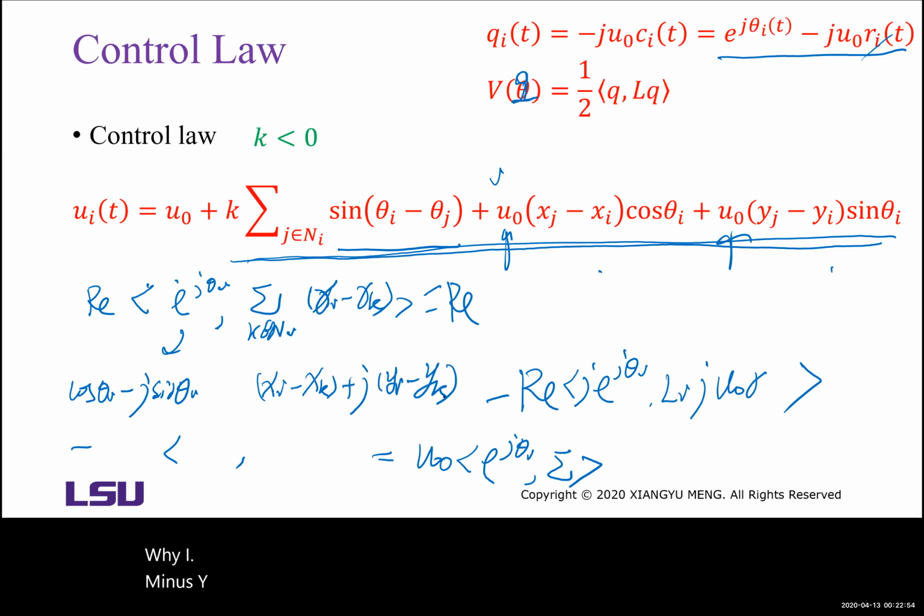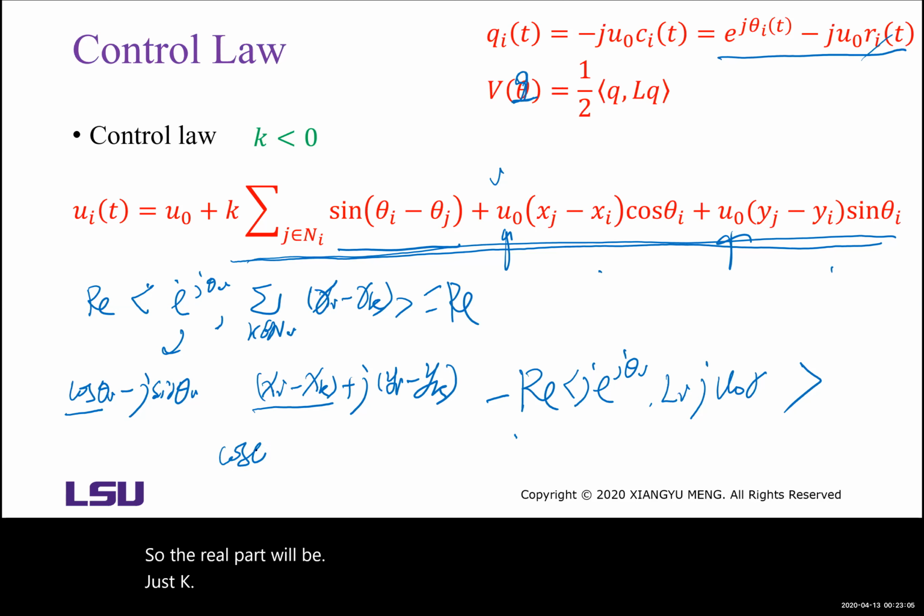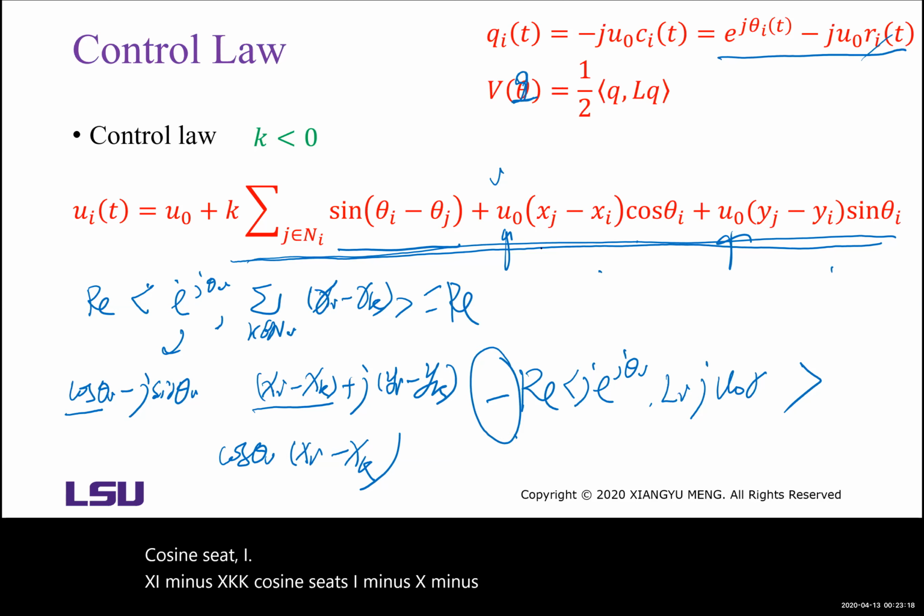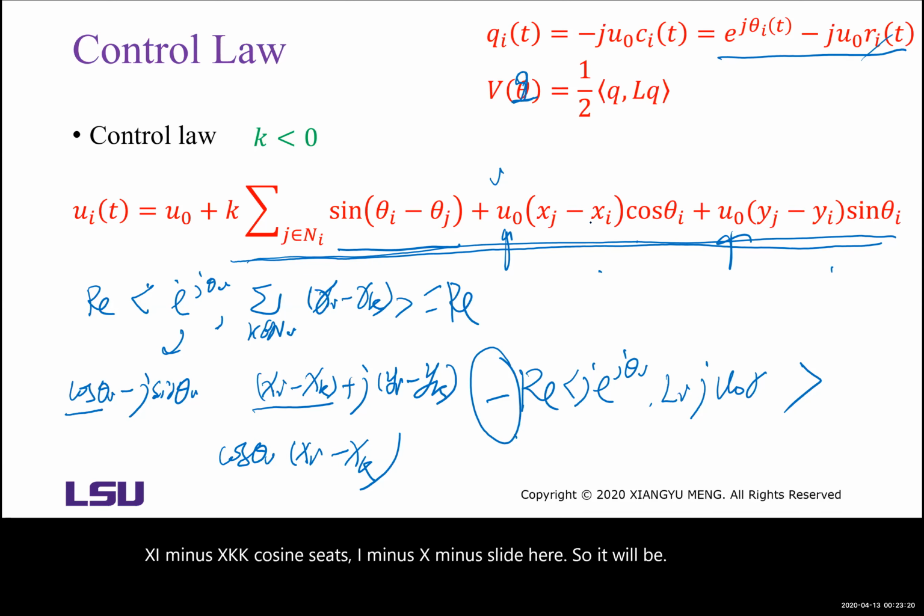The real part will be cosine theta I times xi minus xk. With the minus sign here, it will be xk minus xi, so it will be xj minus xi.